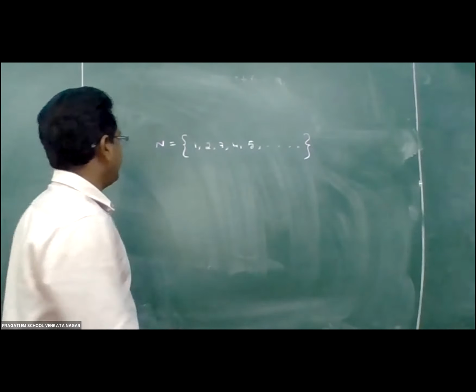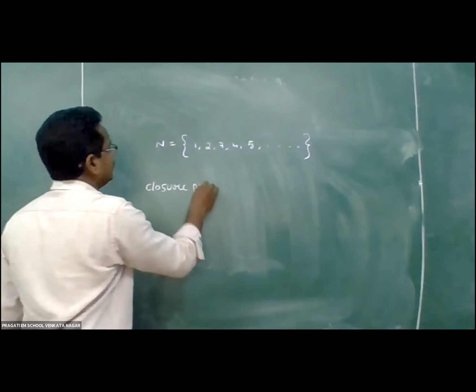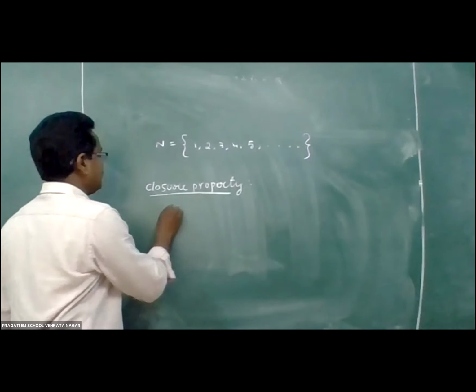Now we are going to take this property, the first one, the closure property. First operation is addition.